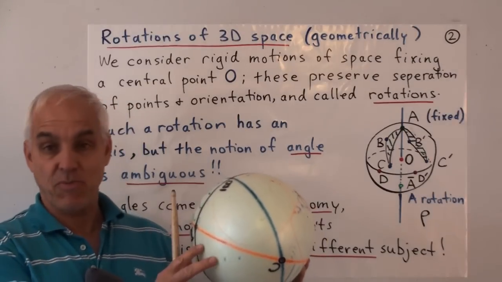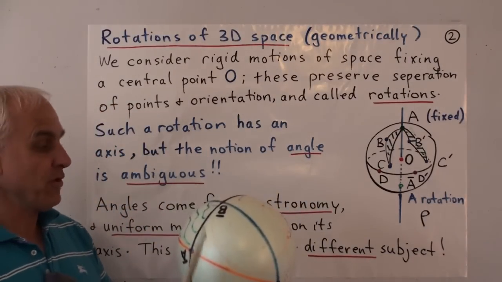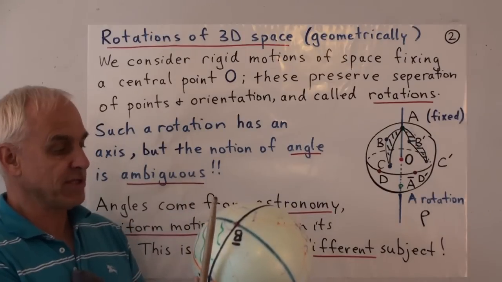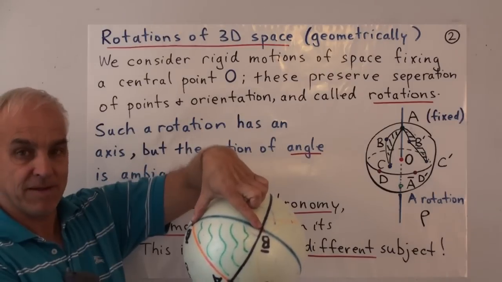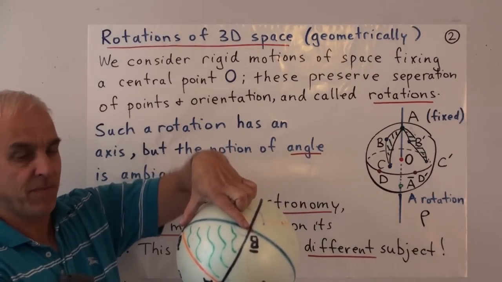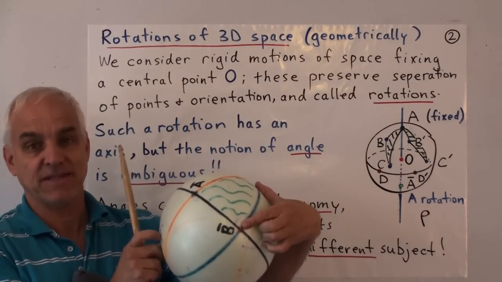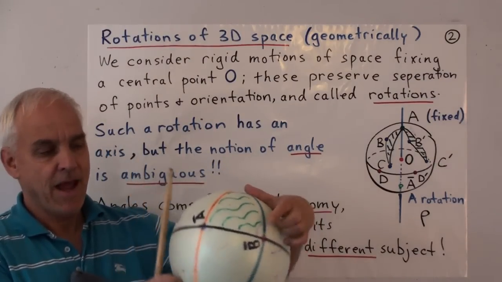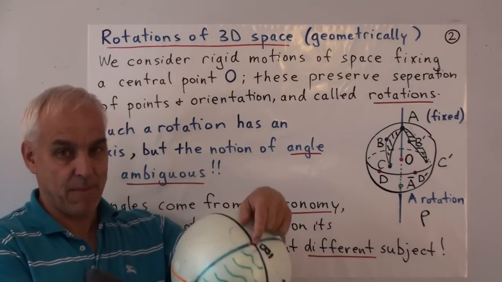Now, the distinguishing property of a rotation is that it preserves separation of points on the sphere. So for example, if we have two points separated by that amount, then if we rotate, the two points that we're going to get are still going to be separated by the same amount. And that's independent of how we actually decide to measure the separation.